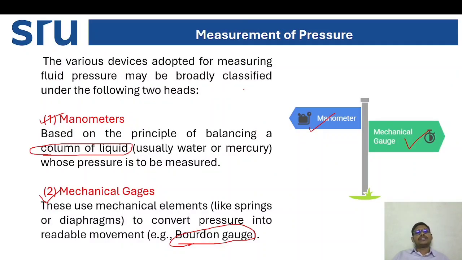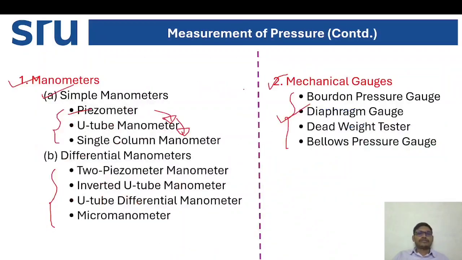And measurement of pressure is done with manometers, based on the principle of balancing a column of fluid, and mechanical gauges, like the Bourdon gauge. These use mechanical elements to convert pressure into a readable movement. Manometers are simple manometers and differential manometers.